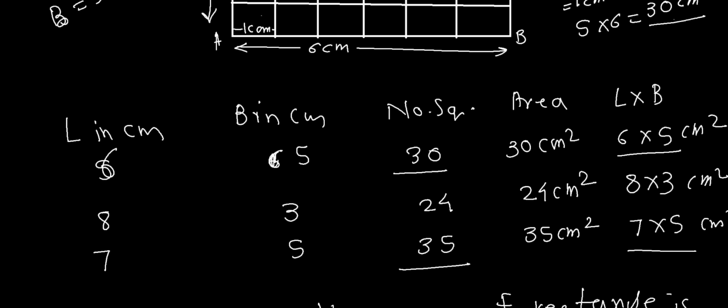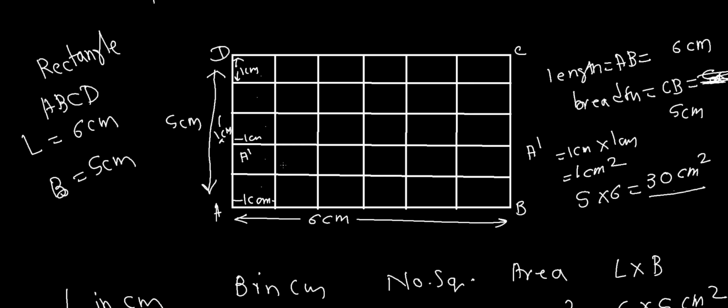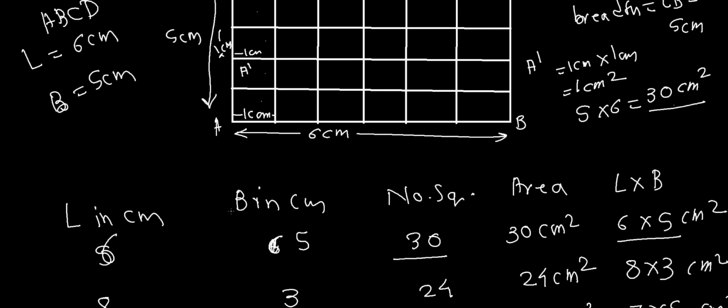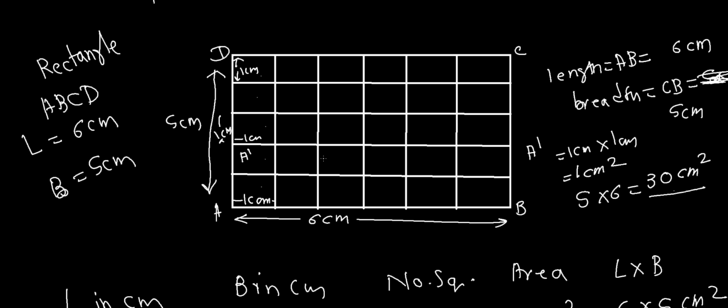So based on this, if we go on incrementing or decrementing the length and the breadth, even if they are in decimals, if we divide them into 1 centimeter parts, we will get unit squares that cover the area of the rectangle.